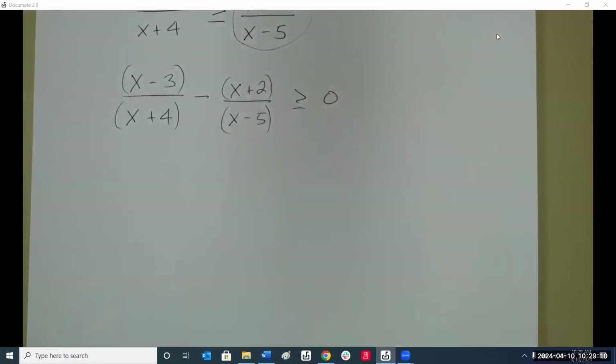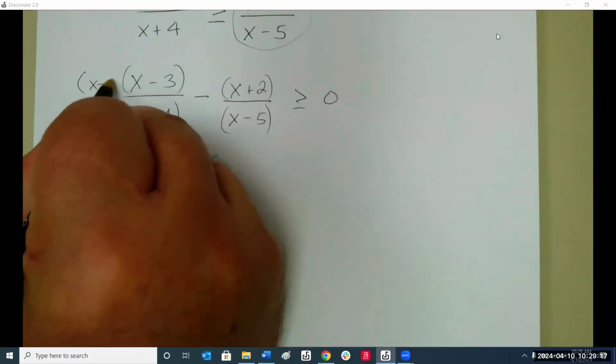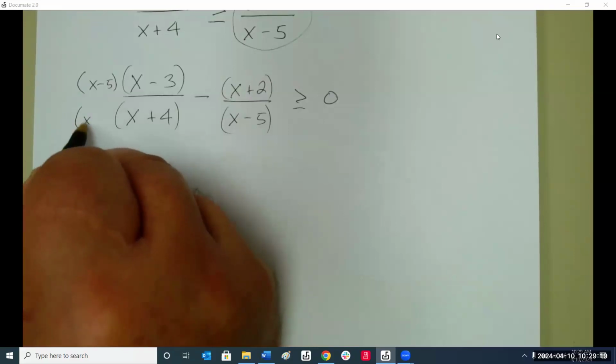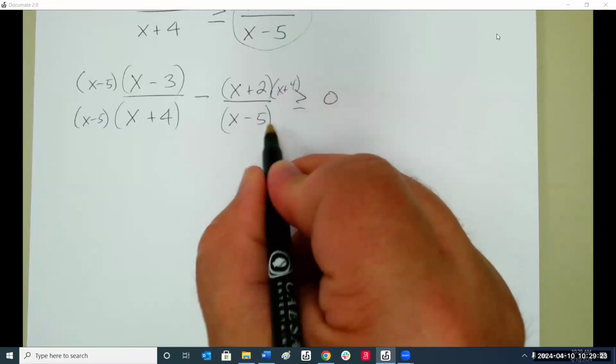Once we do that, what do we need next? Common denominators. This one needs an x minus 5. This one needs an x plus 4.